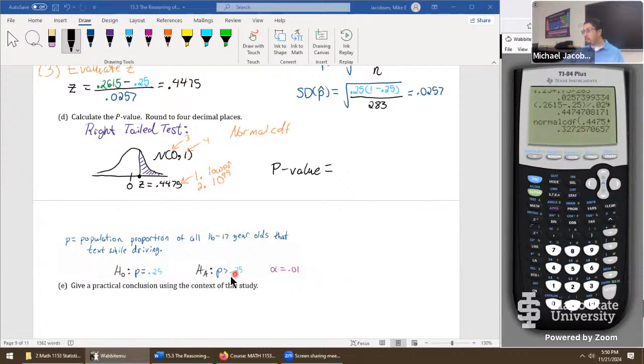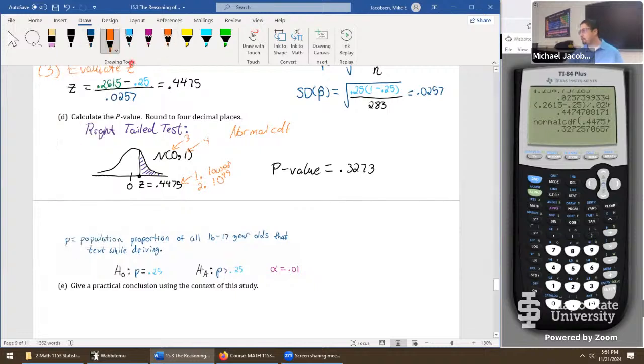So if we want to support the alternative hypothesis, we want small probabilities because we want to say it's extremely unlikely to get p hat at 0.2615. But that's a high probability. So this time, we're going to fail to reject the null hypothesis because that p-value is not below 0.01. So let's write that in. 0.3272 upon rounding. We can make one extra statement if you'd like.